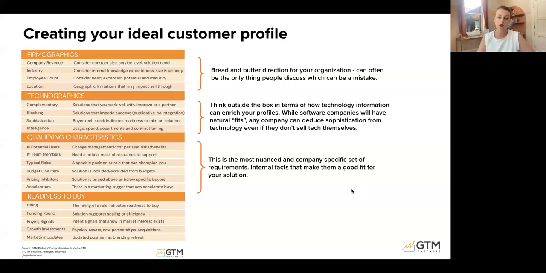This is really big, especially for anything that has a seat-based solution, being able to understand what are the potential number of users at this company, what are the number of team members, what are the typical roles that allow this solution to be leveraged really effectively. So all of these different pieces of information, some of them are scalable through technology, and we're able to use a contact provider solution to help us understand more about what's happening inside of the organization.